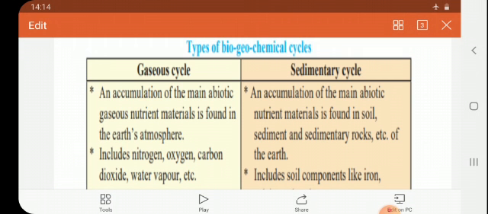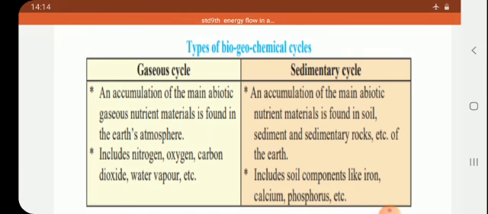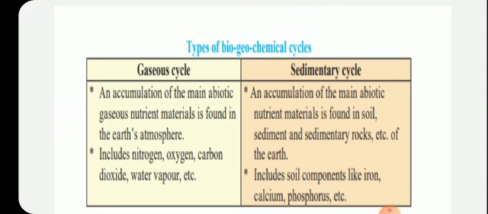You know, the atmospheric nitrogen is trapped by various processes, as you studied: biological, industrial, and bacterial transmission. The nitrogen from the atmosphere is fixed, and thus nitrates or various compounds of nitrogen are formed which are useful for the plant.